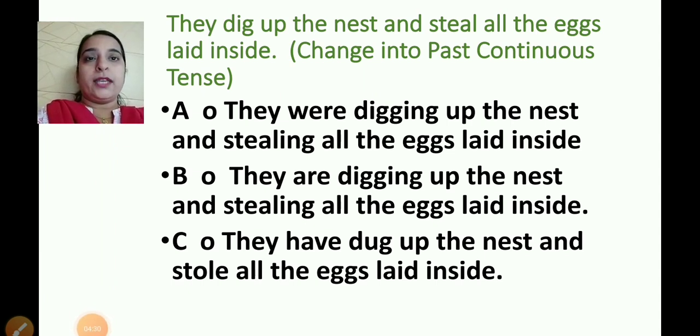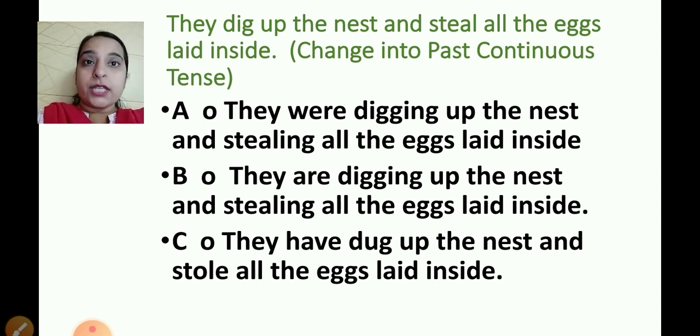Now next one. They dig up the nest and steal all the eggs laid inside. Change into past continuous tense. Options are: they were digging up the nest and stealing all the eggs laid inside; they are digging up the nest and stealing all the eggs laid inside; they have dug up the nest and stole all the eggs laid inside.